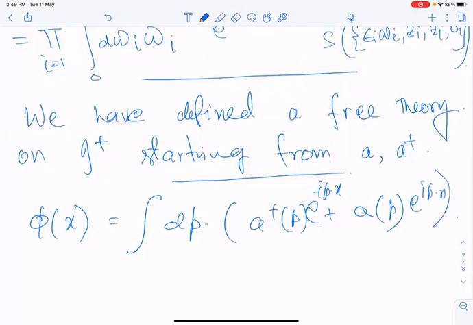So what I have shown is that given ap, the a and a dagger, you can define two kinds of free theories, one of which is defined in the 4-dimensional space-time, the bulk, and the other one is defined on scri. So is it clear? I see.